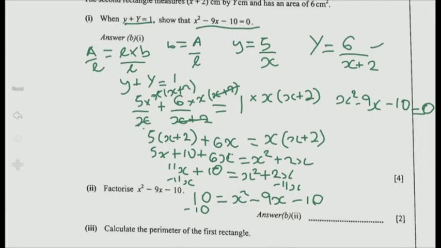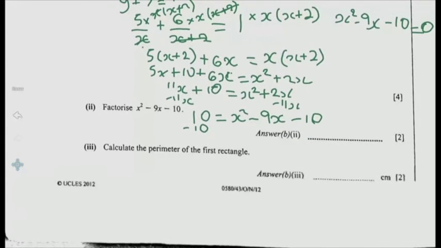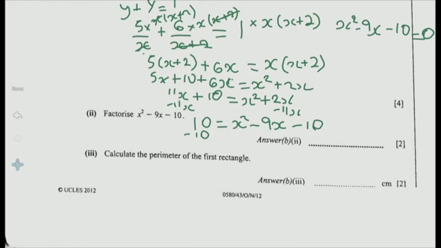Now, if we look at part 3 or part 2 of the question here, it's factorize.